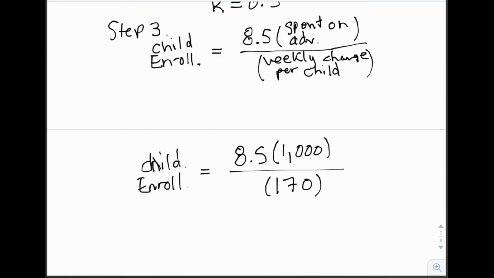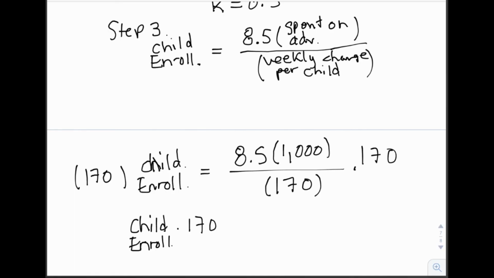Now, figuring out what our unknown is, we can multiply the 170. And this should give us, in this case, child enrollment times 170 is now equal to 8.5 times 1,000.